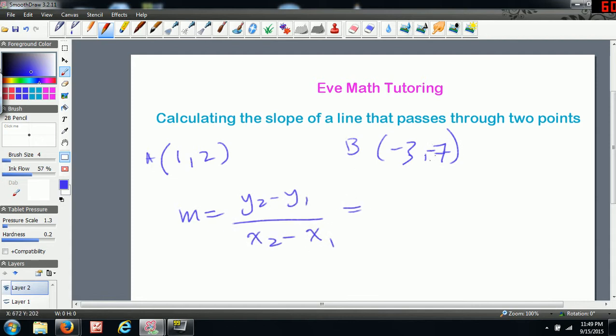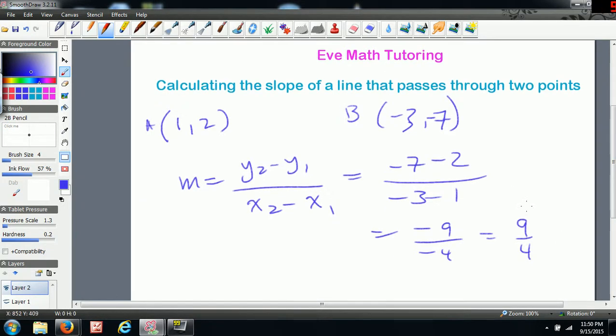And then my second y point, y2, would go here, minus my y1, which is this one, and then my x2 and my x1. So over here you see we just have one negative here because these ones are positive. So negative 9 over negative 4, which is equal to positive 9 over 4, which is equal to 2 1/4.